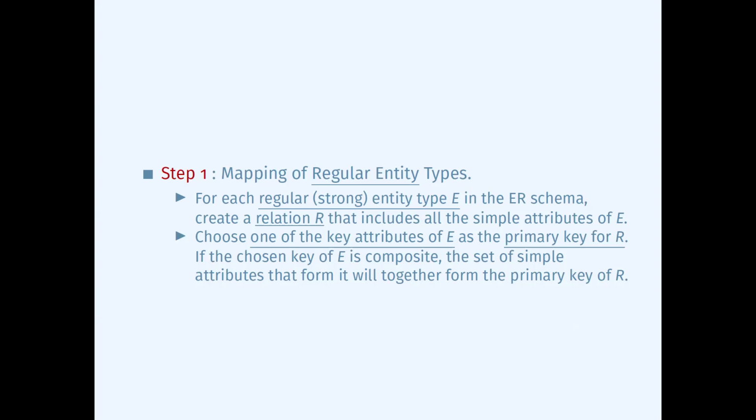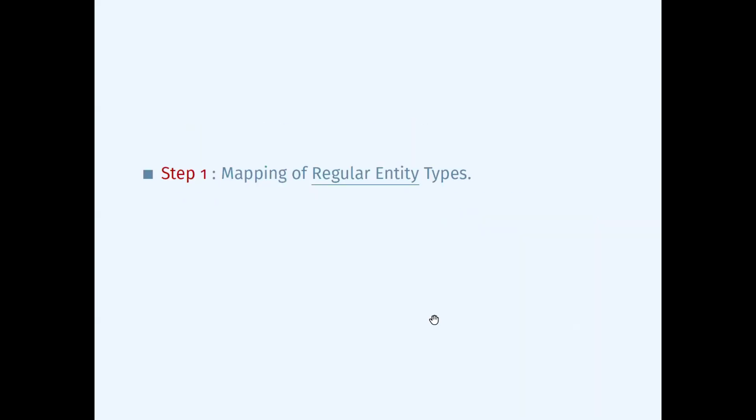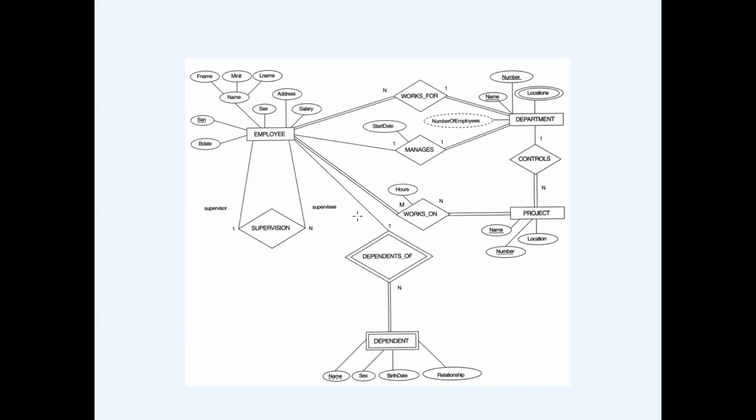Remember, any relation can have only one primary key. So here we have one key attribute, here two, here two, here only one, just partial. But you have to select one of these as the primary key, not both. Here also the same. Either you can select name or number. It's up to you to make that decision.